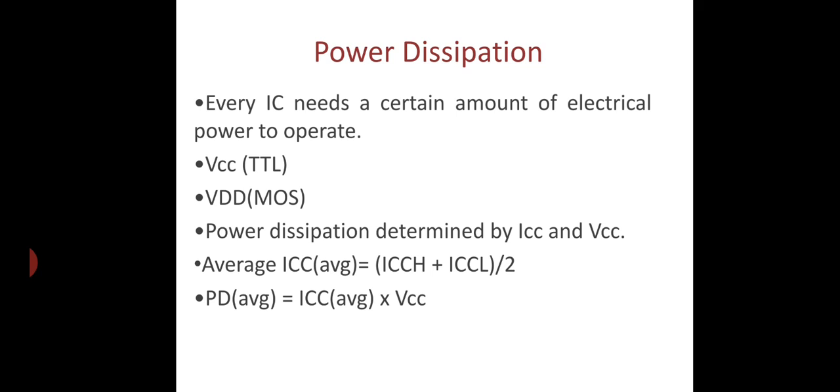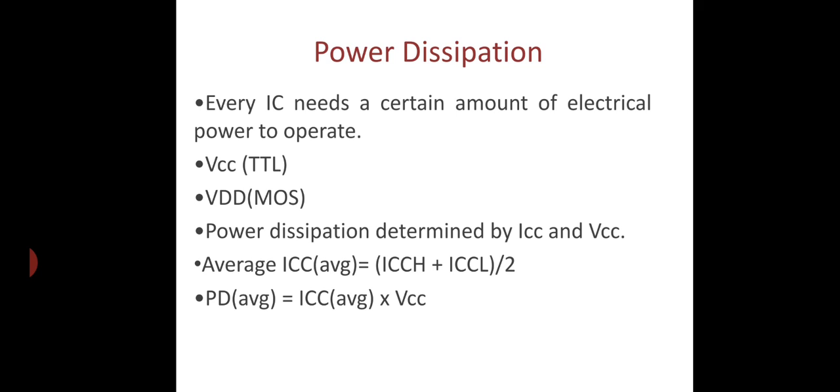And to find the average value of ICC, the formula is average ICC is equal to (ICCH plus ICCL) divided by 2, where ICCH is the current drawn from the power supply when the output voltage is at a high level, and ICCL is the current drawn from the power supply when the output voltage is at a low level.